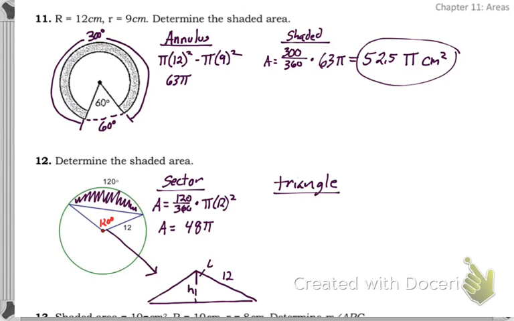So if that's 60 degrees, this guy's 30 degrees, right? 60, 30, 90. We can find our base and our height, because I'd find half my base here, multiply by 2, that's my total base. Half of base times height is the area of my triangle. Sector minus triangle equals that little segment.